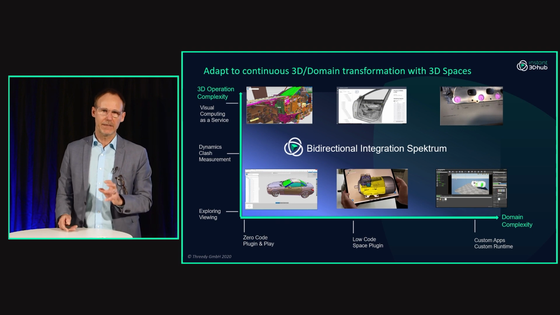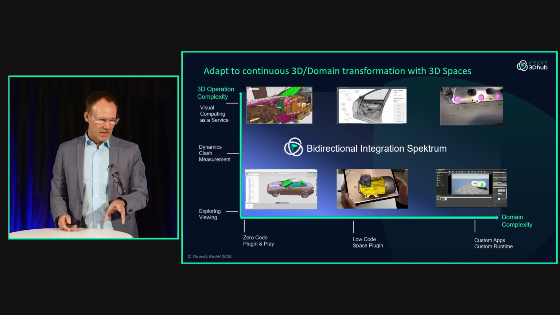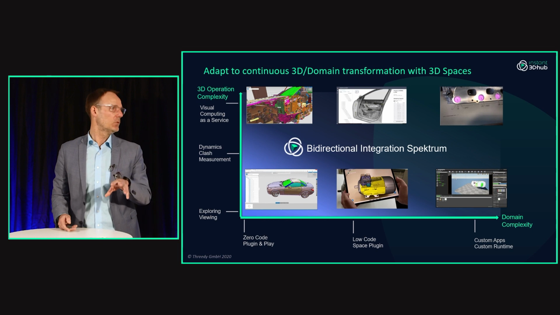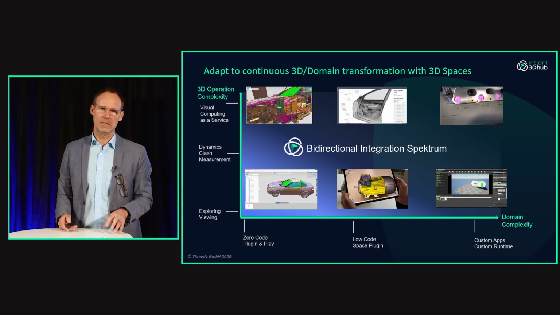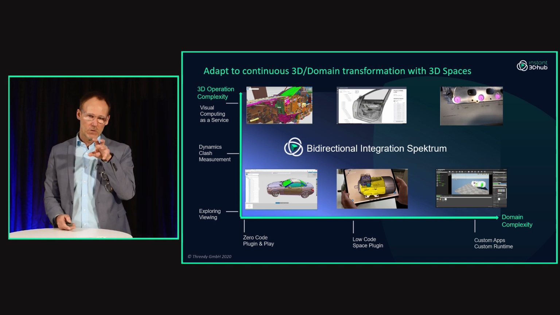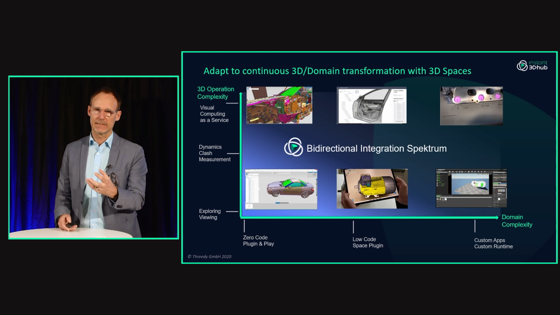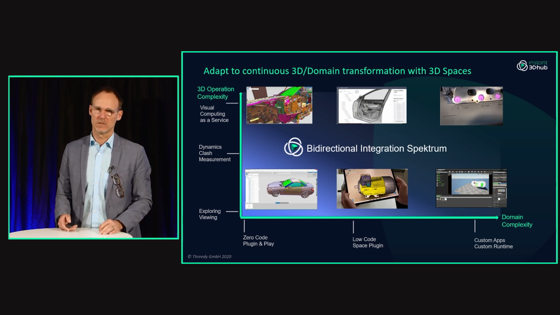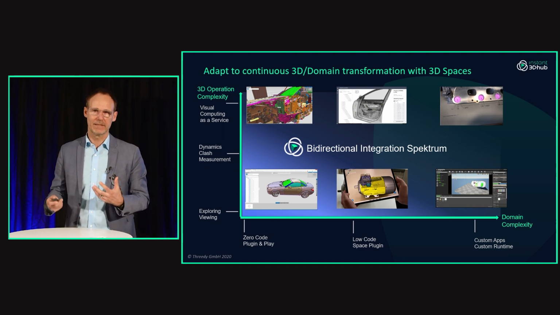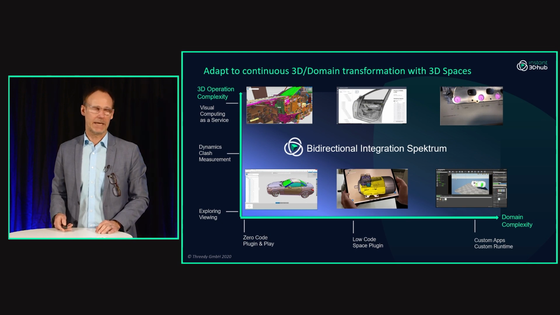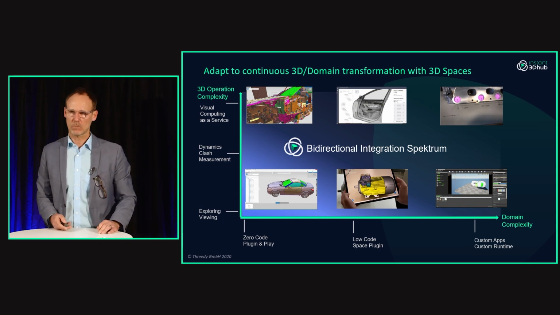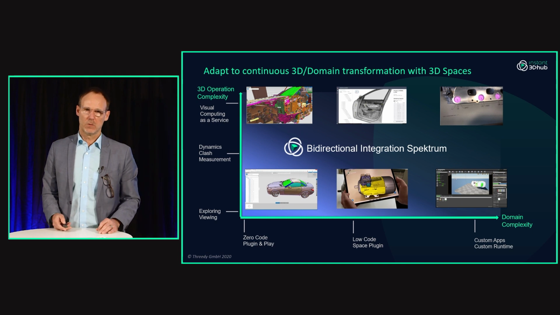On the other hand, people move from simple 3D files into the 3D data and into the 3D domain, so more on the 3D operation complexity, to 3D shapes, and connecting the 3D data with pixels with this visual compute as a service infrastructure. So every pixel really knows how the related 3D data is bound and connected.